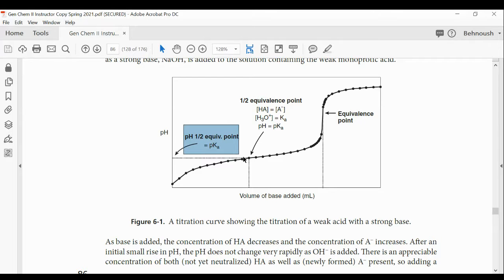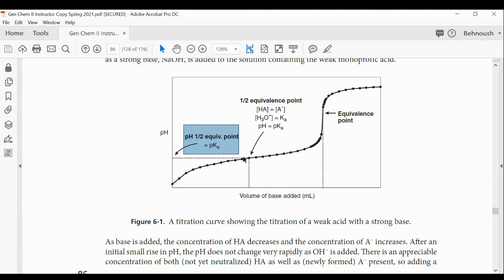So what is the next step? So you find the pH at the half equivalence, and we know that is the pKa. What's the next step? How do you go from pKa to Ka?